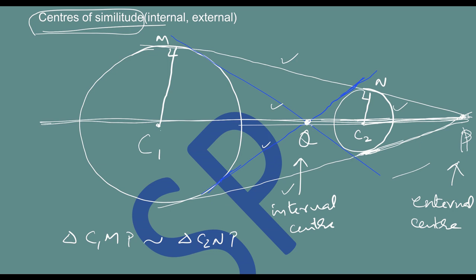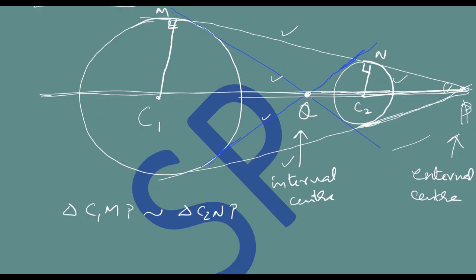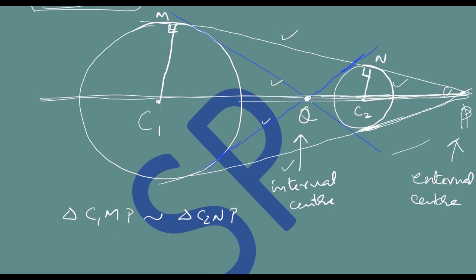Obviously, this is 90 degrees, this is a common angle, therefore the third angles are equal, therefore all the angles are equal, which means the triangles are similar.